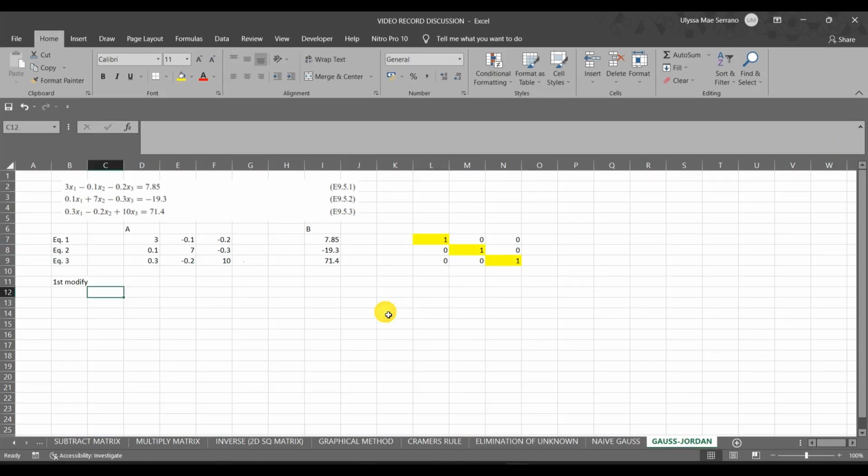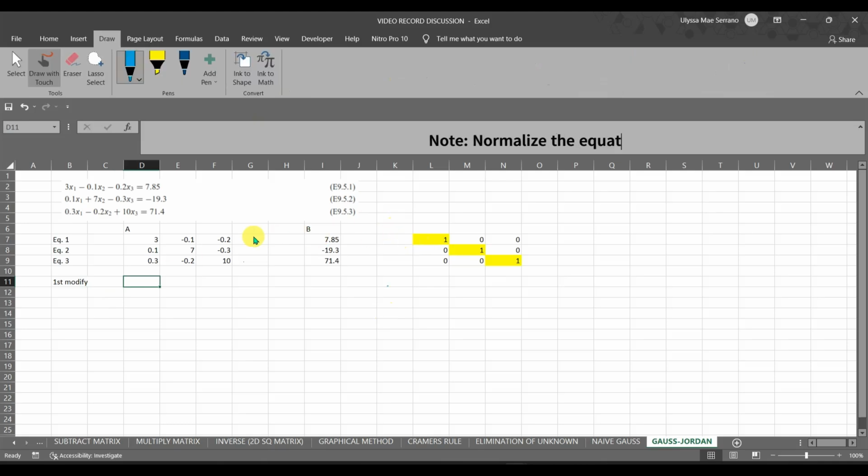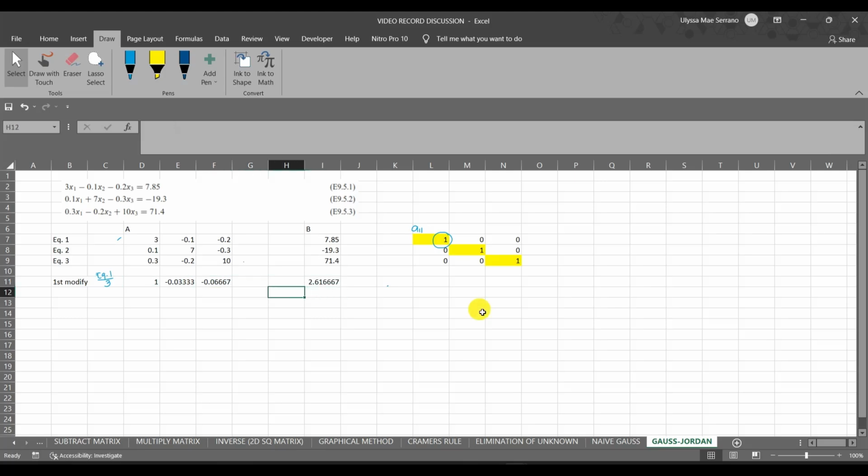So for the first modify, in order to make the first element, the A11, into a value of 1, we're going to divide this equation by 3. So equation 1 divided by 3. This value divided by 3. This will be the revised value of our equation 1.